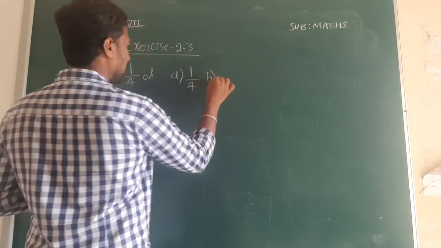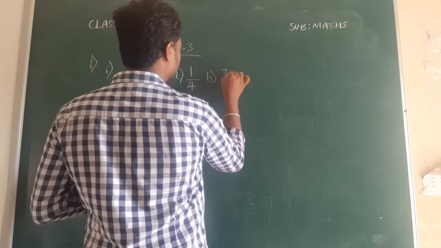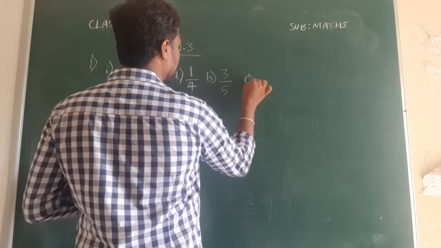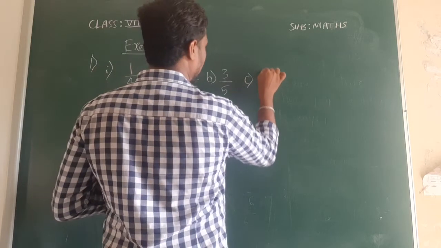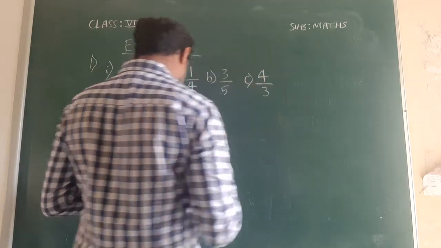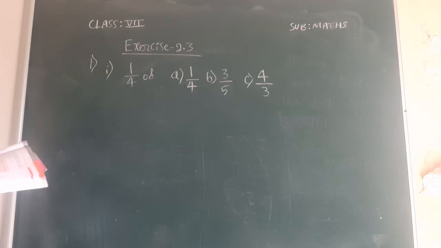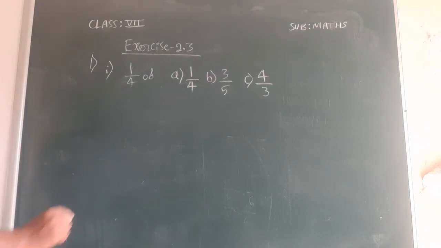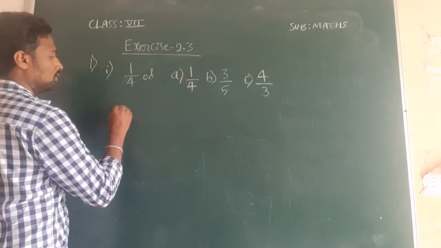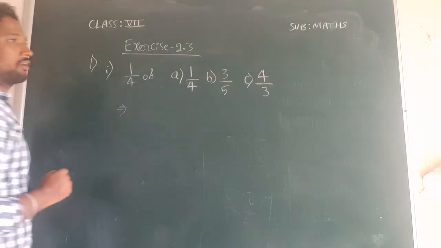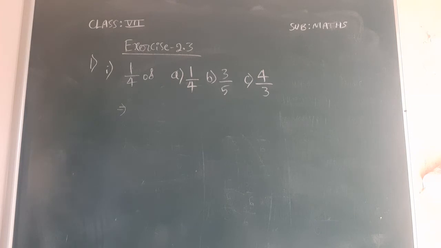Next B, that is 3 divided by 5. Next C, 4 divided by 3. So now you already know the 'of' operator. What does the 'of' operator indicate? That is nothing but multiplication.